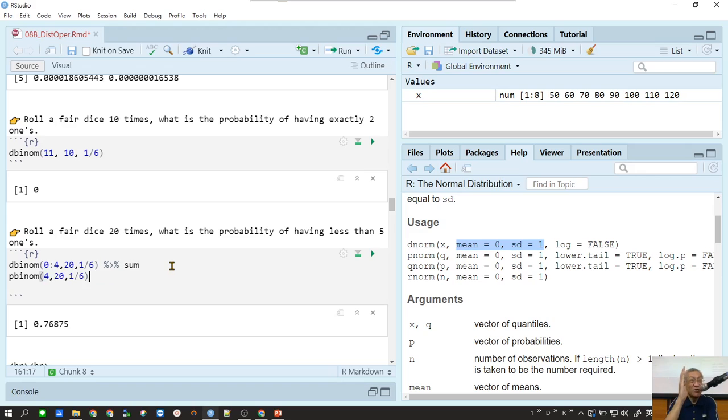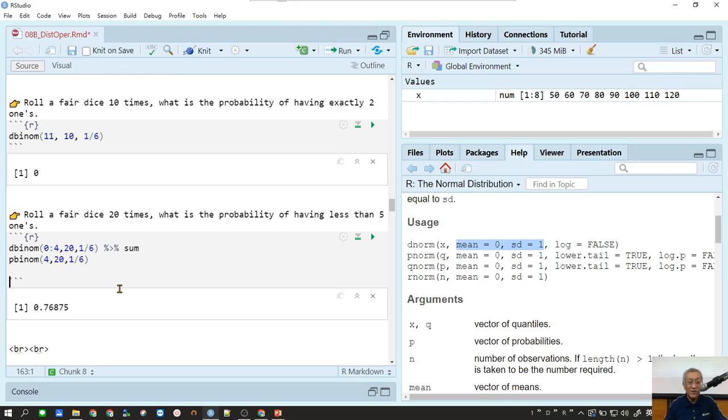Because the P function is actually the probability from the left tail up to 4, right? From the left tail up to 4. So this should give the same answer. I mean, these two should give the same answer. See?